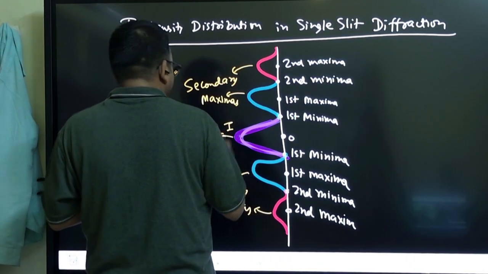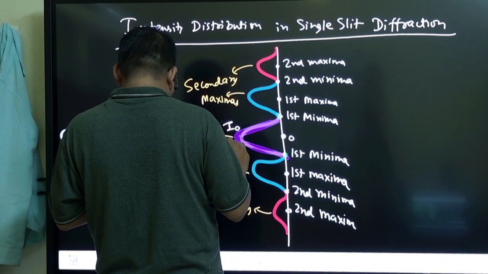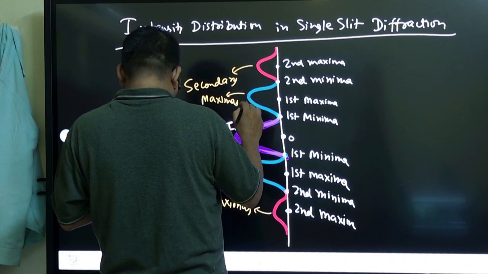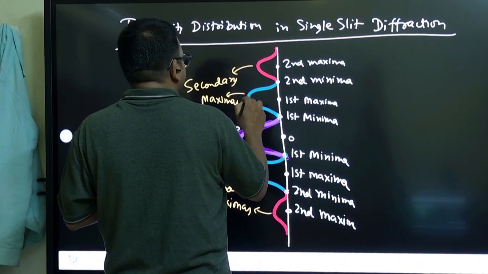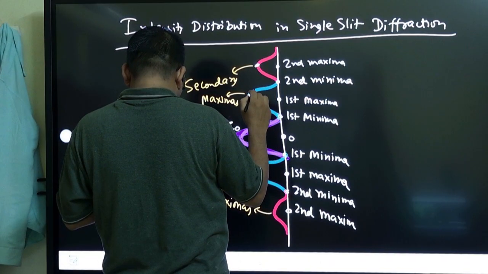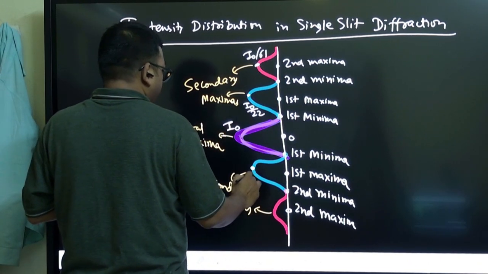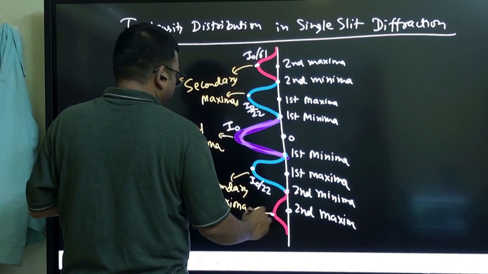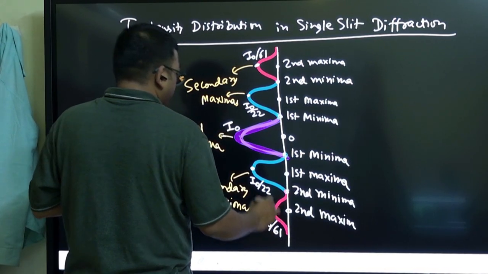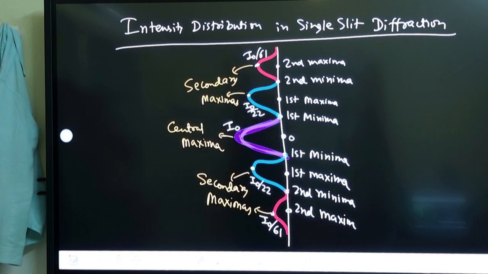Then the next maxima is I naught by 22, and the third maxima is I naught by 61. Same on this side: I naught by 22 and I naught by 61. So the intensities of the secondary maximas become smaller and smaller.